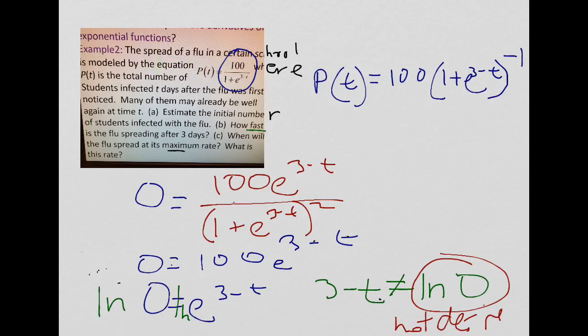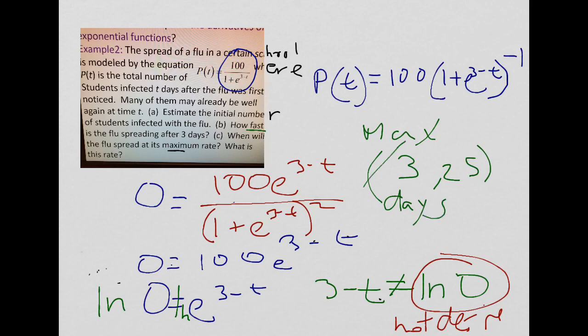I'm going to see if I can pull it up, but I'm going to write the answer in the meantime. So remember, we got 25 students a day, so we can adjust our y-scale to include that value. And it turns out that it was 3 days that we had the 25 students per day.